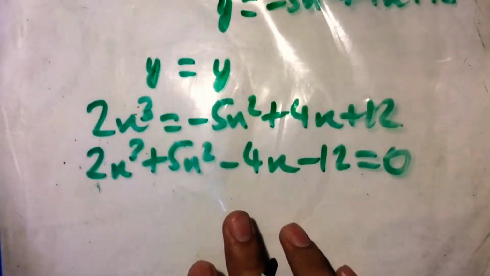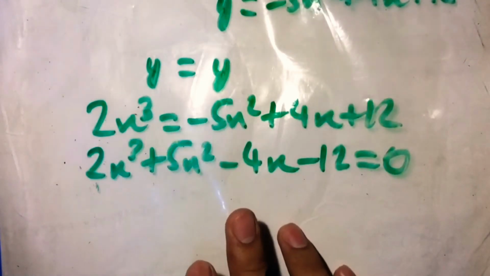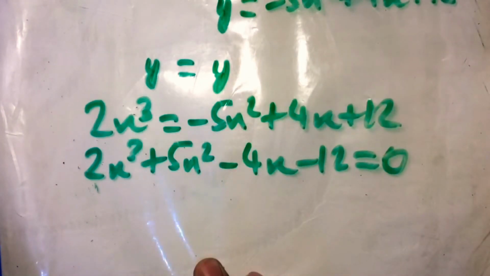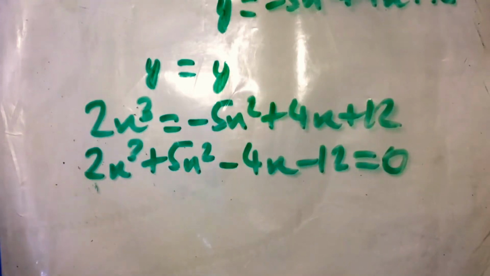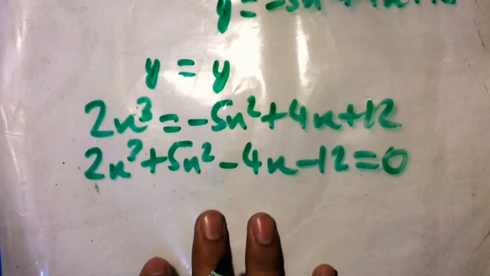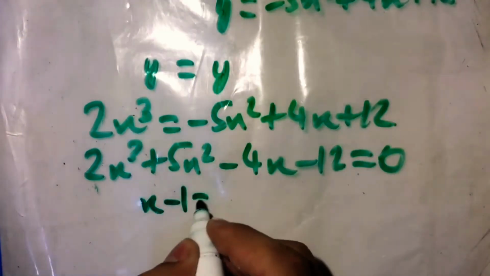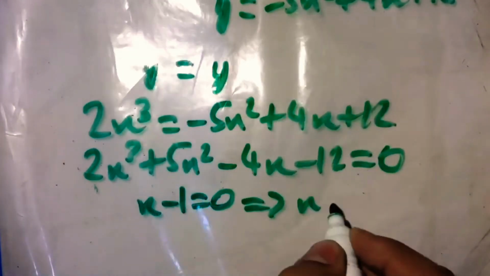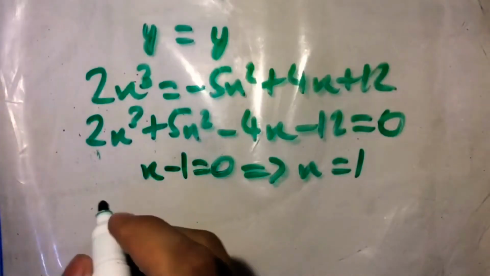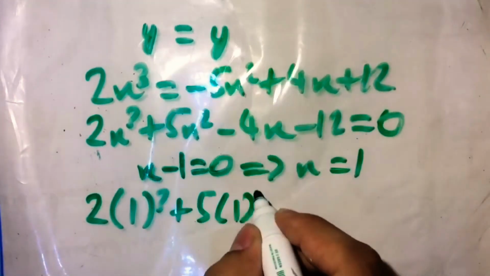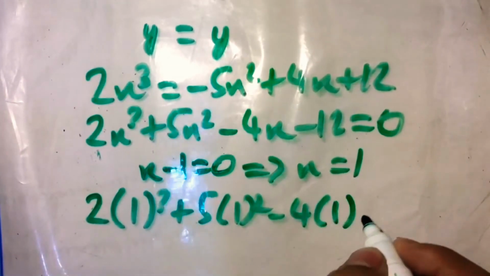Now we'll solve this by using trial and error to find the first factor, and then we'll multiply that factor with the general quadratic term to find the other two factors, and that's how we'll get the values of x. So taking x minus 1 equals to 0, x equals to 1, 2 1 cube plus 5 1 square minus 4.